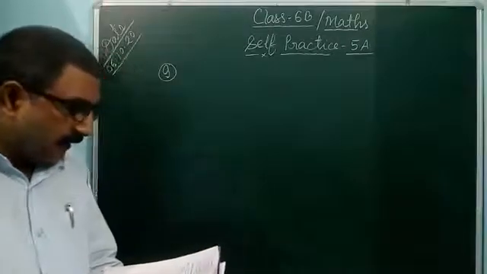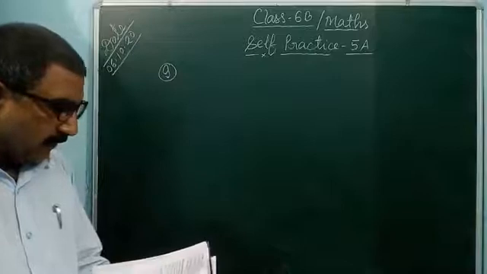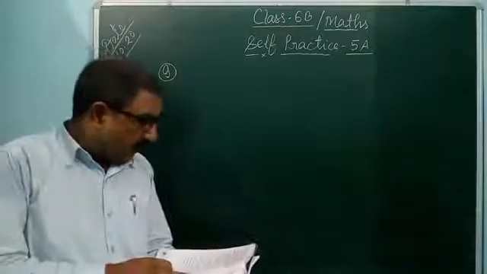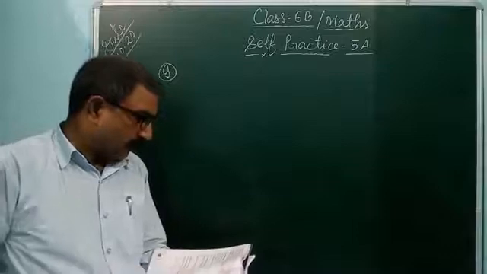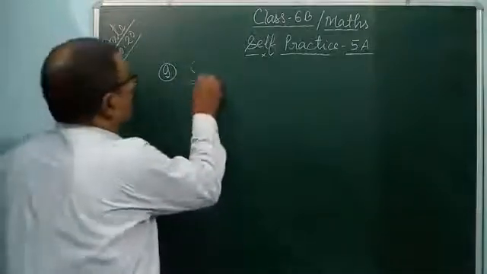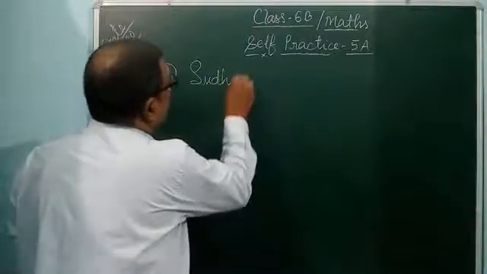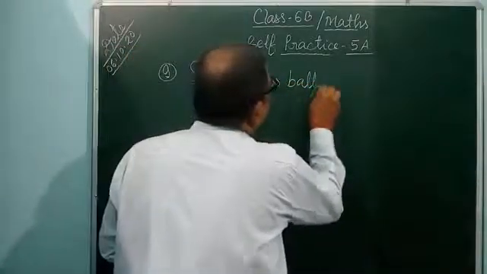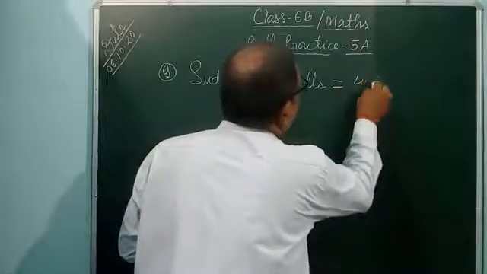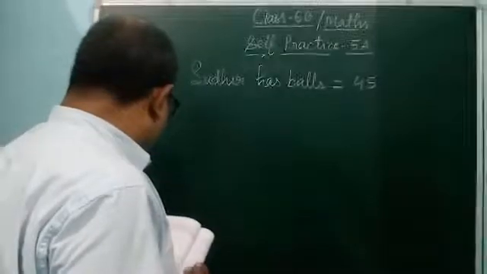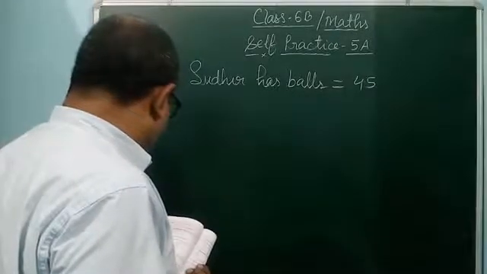He gives 5 by 9 of them to his sister. How many balls did his sister receive? How many balls are left with Sudhir? Sudhir has 45 balls. Out of 45, he gives 5 by 9 of them to his sister.